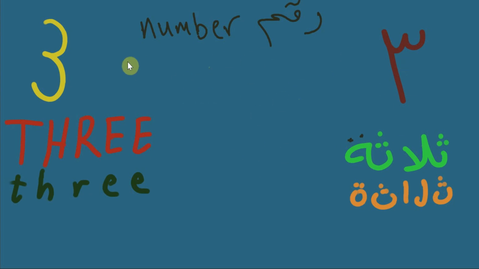So what we mean by number 3 is you have 3 things. So we can have 3 houses. That's 1 house. 2 houses. That's the second house.